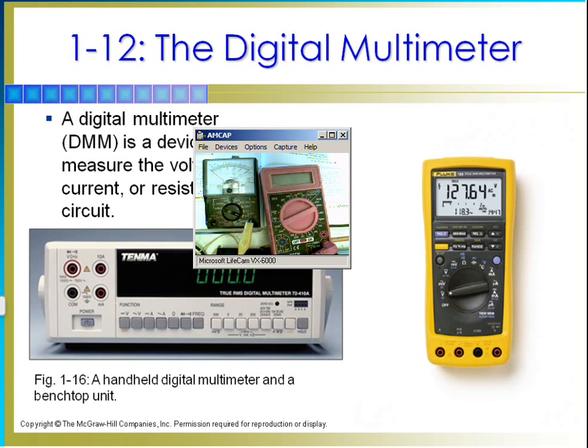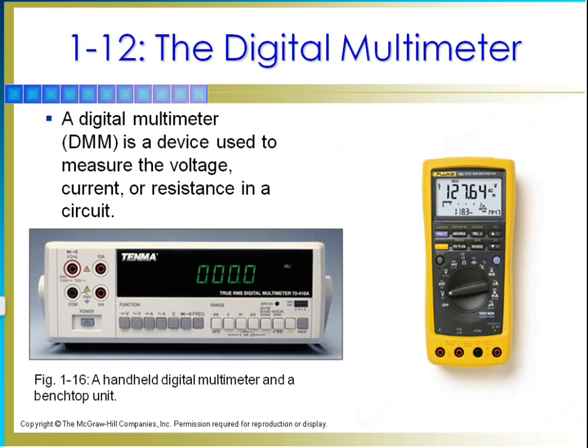In this case, we have a benchtop model that will make several different measurements. Here we have DC volts, AC volts, amps, AC amps, resistance. It will measure diodes and frequency of an AC signal. So the benchtop model can do a lot of stuff.